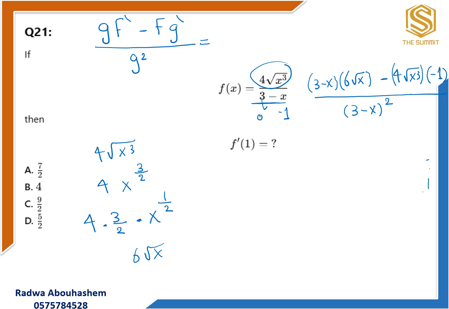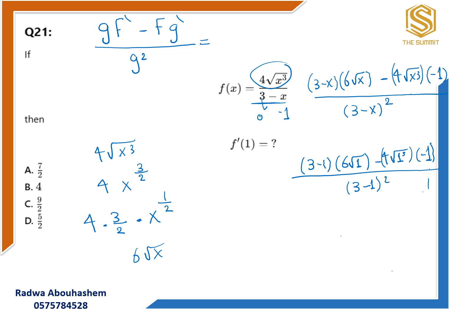I need the derivative when x equal 1. So I'll just substitute. 3 minus 1 here times 6 square root 1 minus 4 square root 1 over 3 multiplied by negative 1 over 3 minus 1 all to power 2.